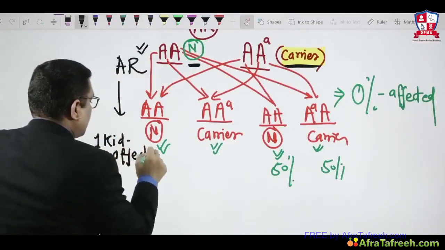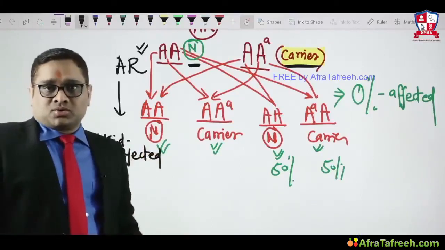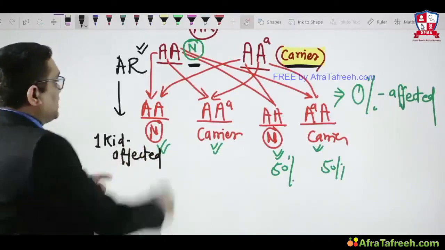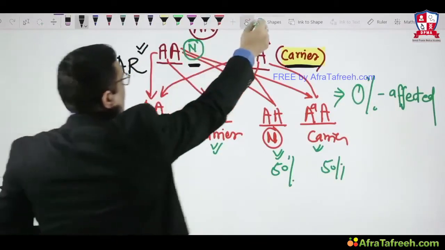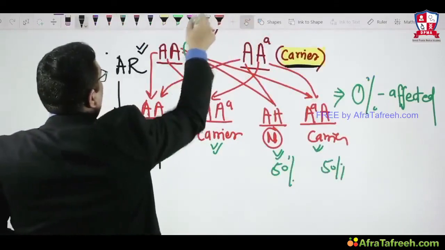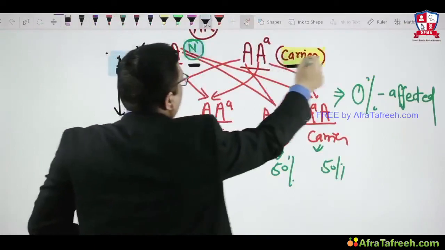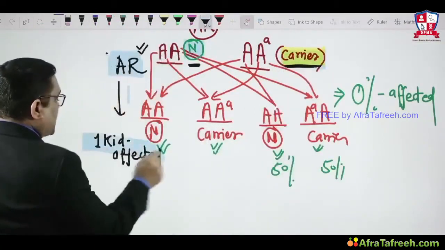So most likely which pattern of inheritance, or most likely mechanism? So can you see this? What is the examiner saying? Autosomal recessive disorder. One parent is normal, one parent is carrier, and one kid is affected.